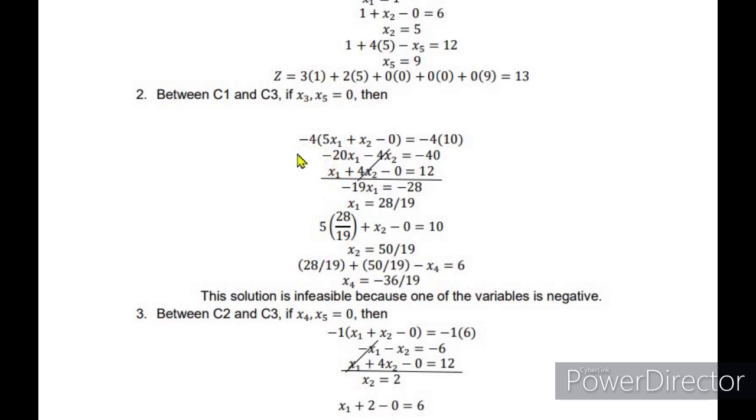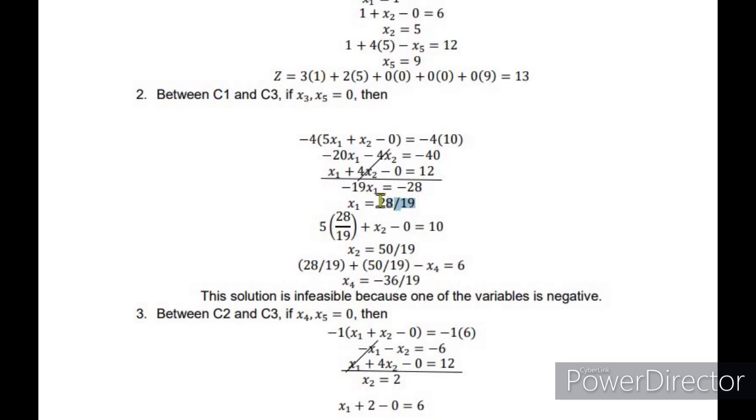So what is left here is negative 20x sub 1 plus x sub 1, which is negative 19x sub 1, equal to negative 40 plus 12, which is negative 28. So simplifying, we get x sub 1 is equal to 28 over 19.